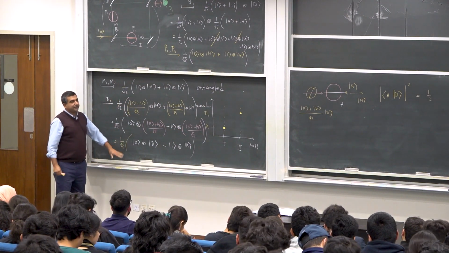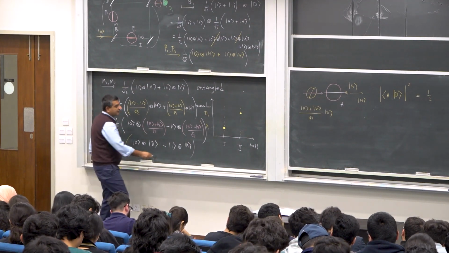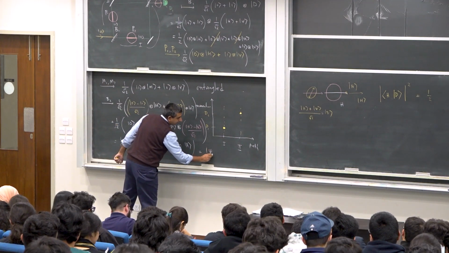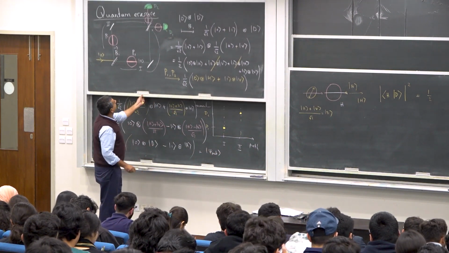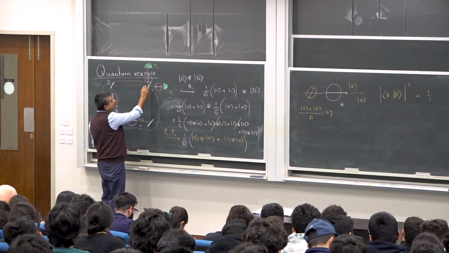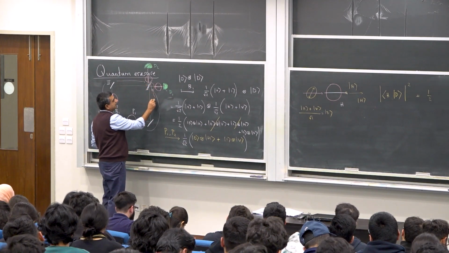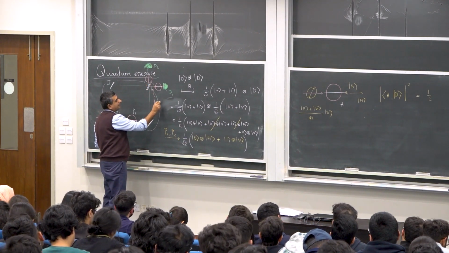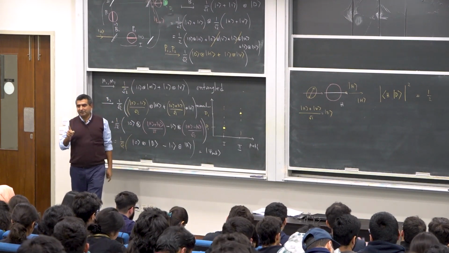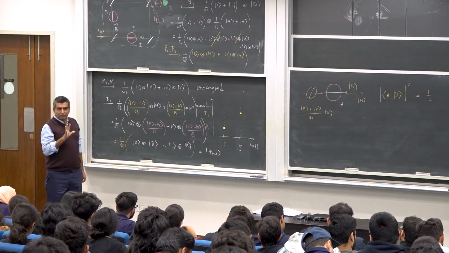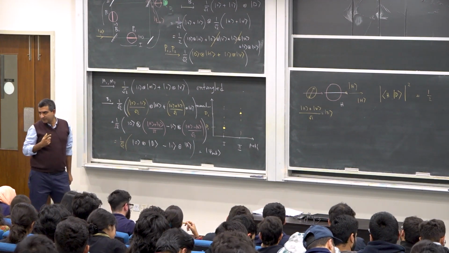Now, this is the state. Let's call this psi out. This is the state that comes out of here. This is my psi out over here. By the way, if you input a photon into this interferometer, will it always come out?